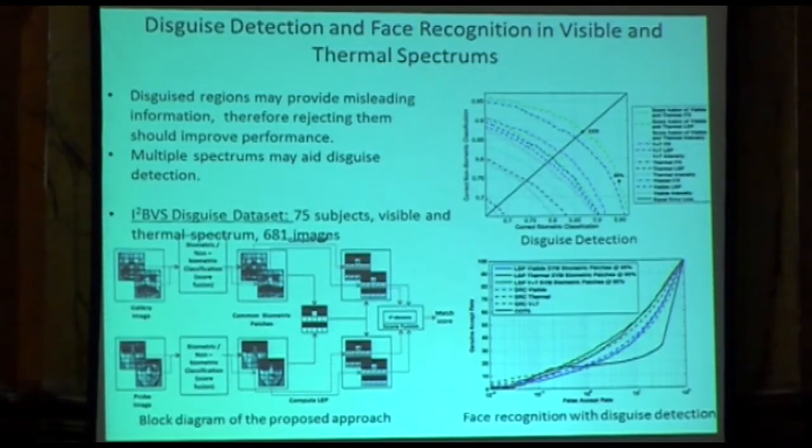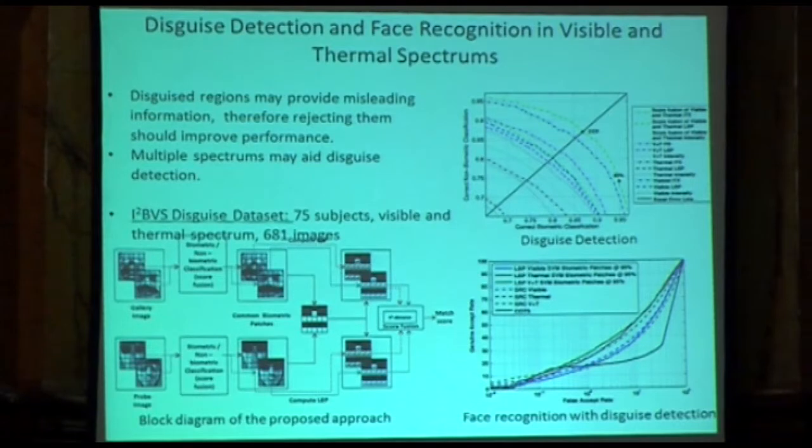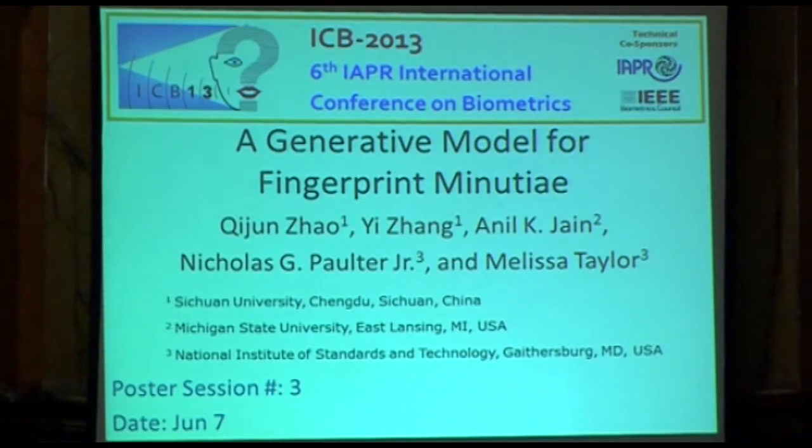Hello, this is a work by our group at IIT Delhi, and as you can see, the use of disguise can decrease the intra-class distance as well as it might even increase the inter-class distances. It can affect both of those variabilities. So what we are saying is that disguise may be a very important covariate for face recognition for real-time face recognition systems.